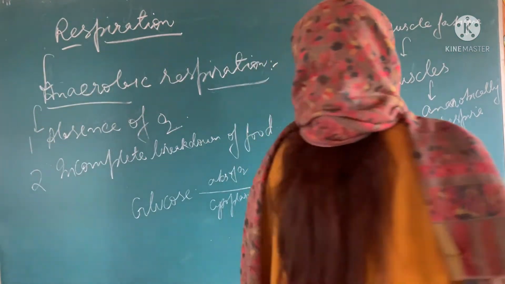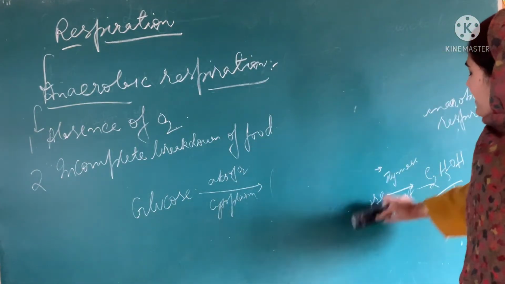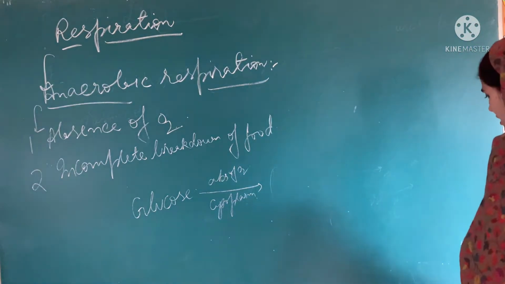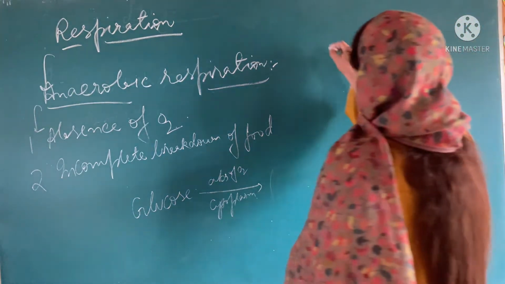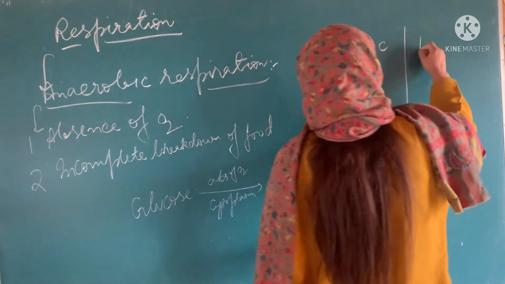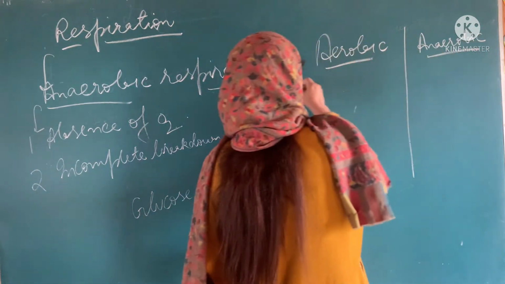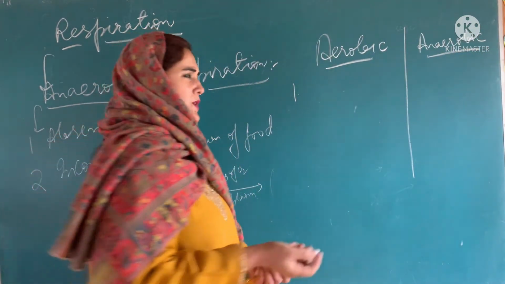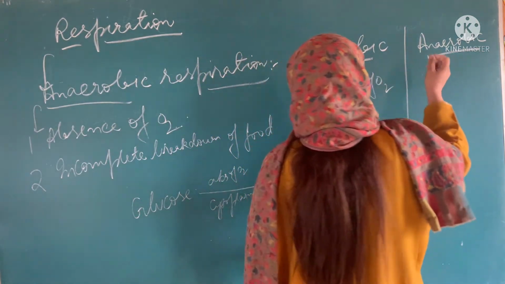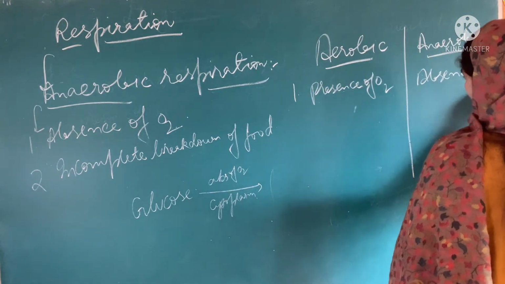Now, what are the differences between aerobic and anaerobic respiration? The difference number one, it's very simple: aerobic is in the presence of oxygen, and here you will say in the absence of oxygen.